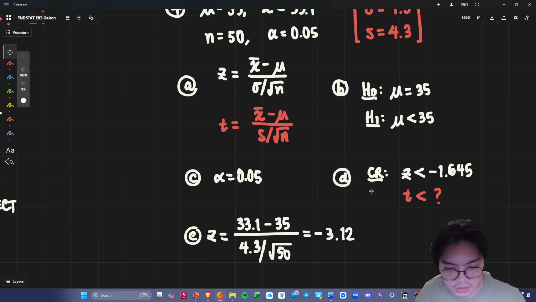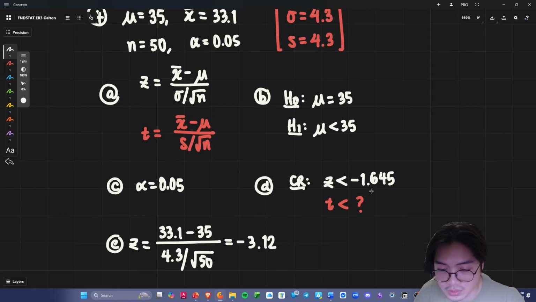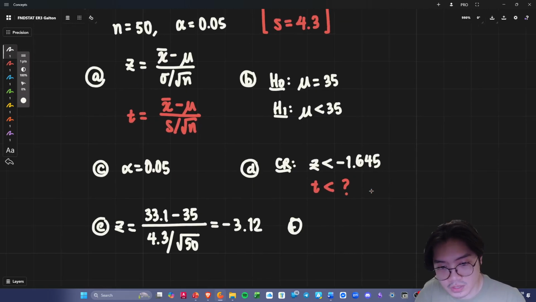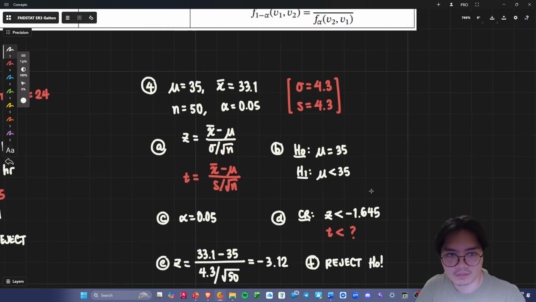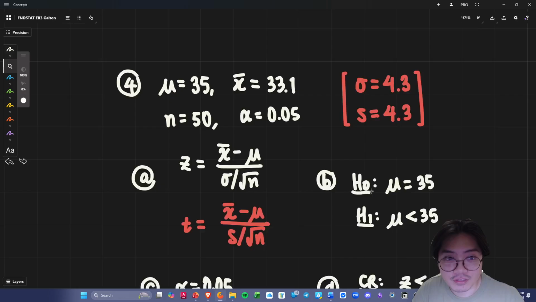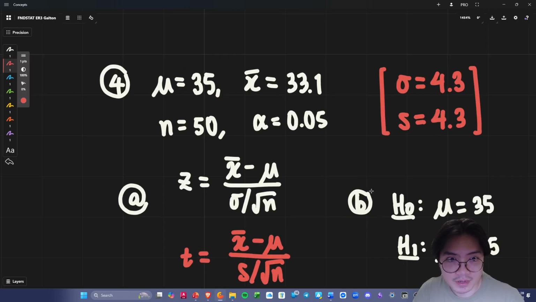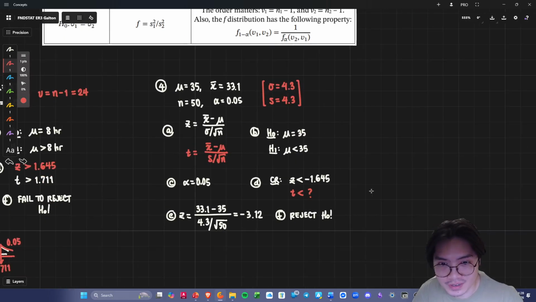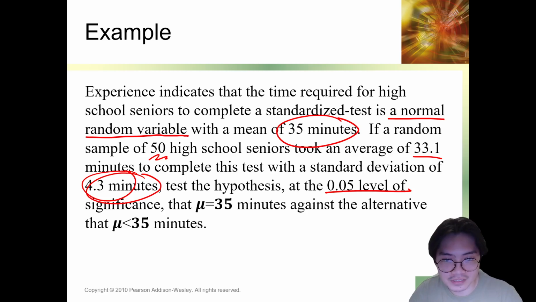This is indeed less than negative 1.645, which means we will really reject the null hypothesis. It seems this amount is enough for us to reject the idea that 35 is the average. It appears that these students are faster at completing the standardized tests.